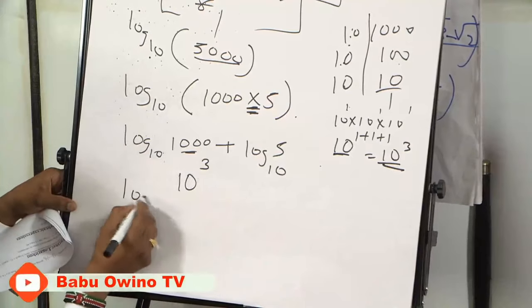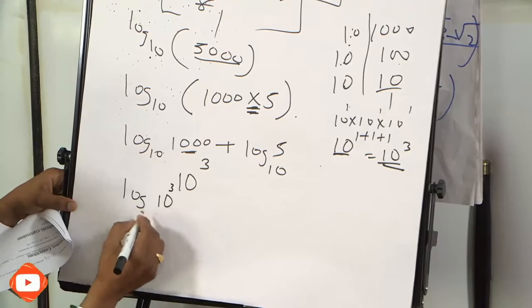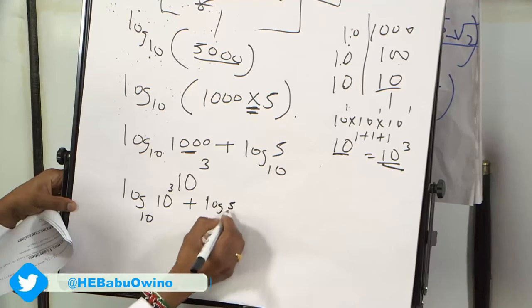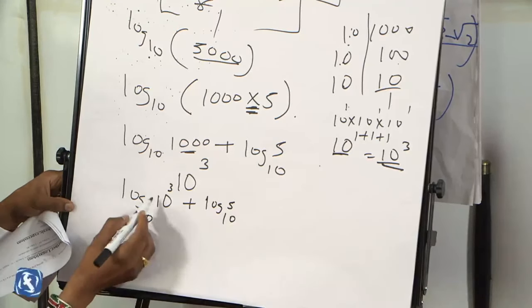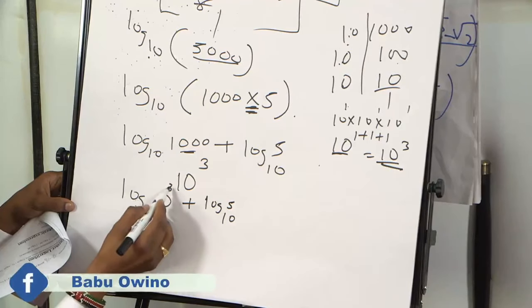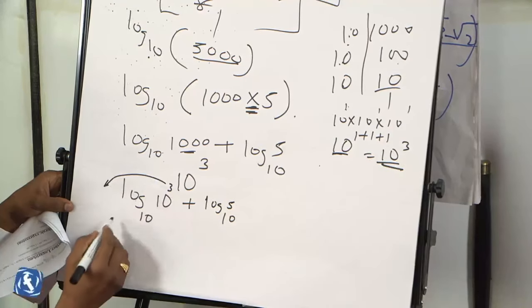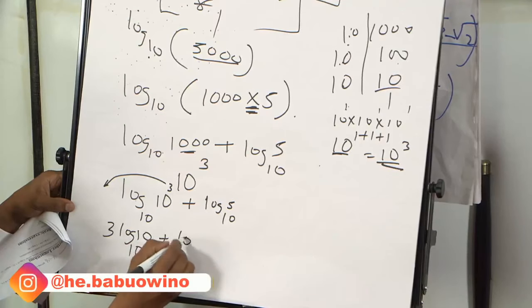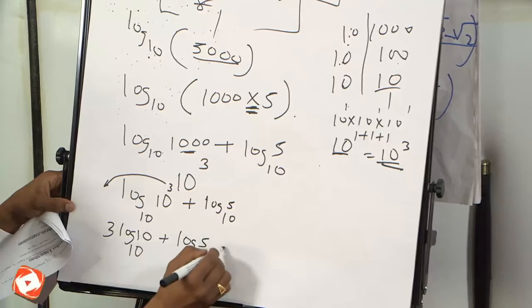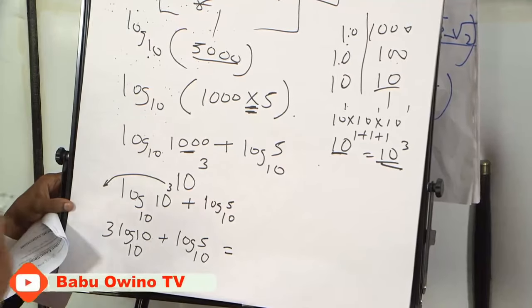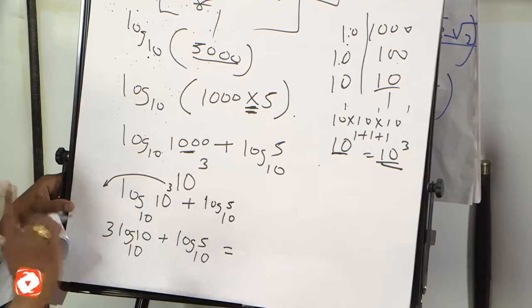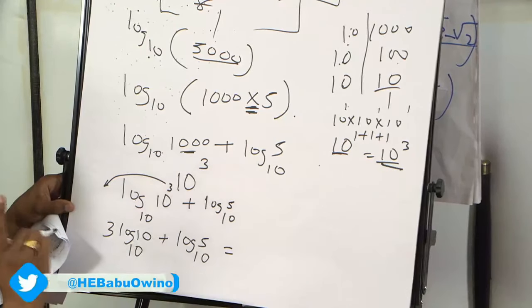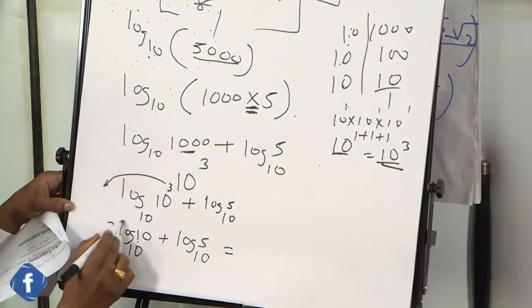So this is log of 10 to power 3 to base 10 plus log of 5 to base 10. So for log 10 to power 3, you can drop the 3 down. It becomes 3 log 10 to base 10 plus log 5 to base 10. Any log to its own base is 1. Log 1 to base 1 is 1. Log 2 to base 2 is 1.